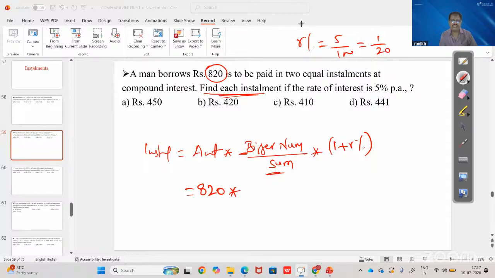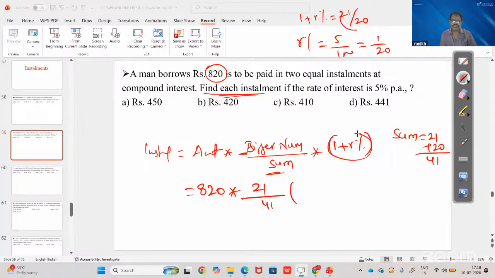1 plus R percentage is nothing but 21 by 20. Out of 21 by 20, the bigger number is 21, then the sum equal to 21 plus 20, which is 41. 1 plus R percentage is 21 by 20.